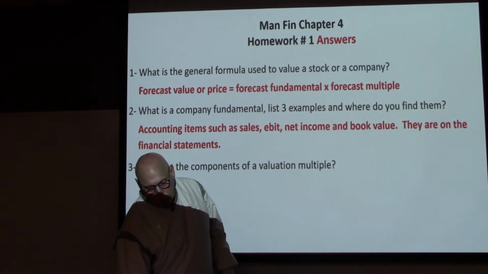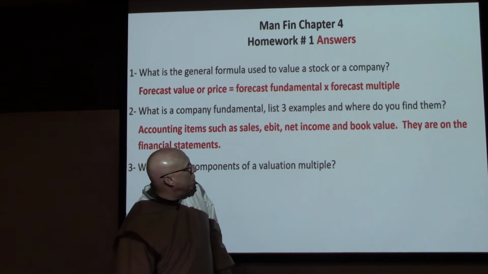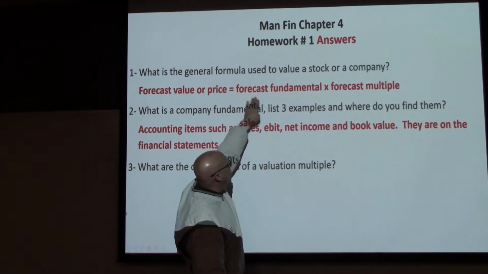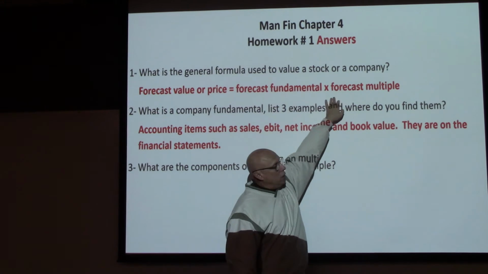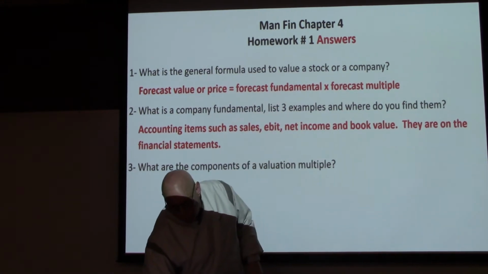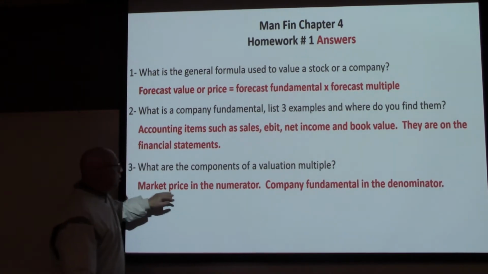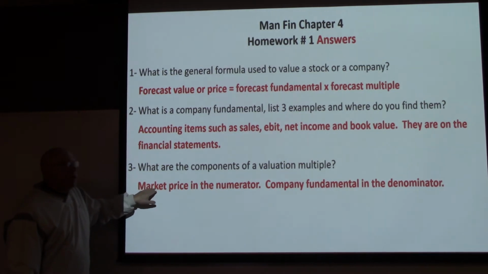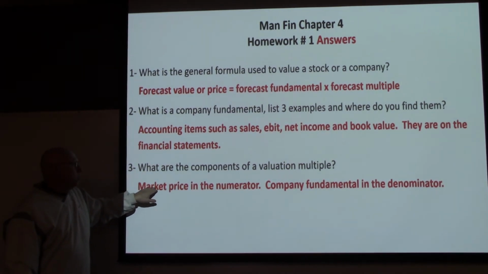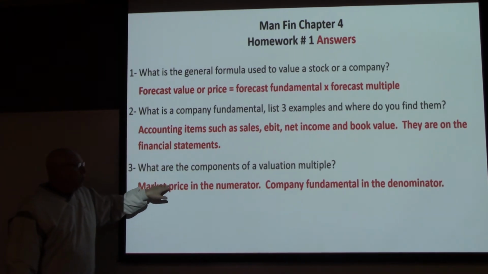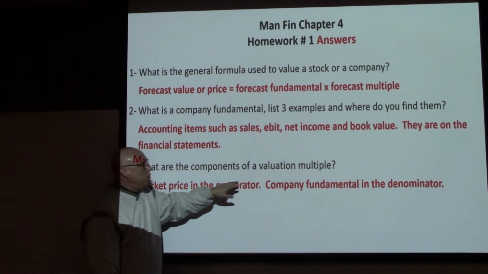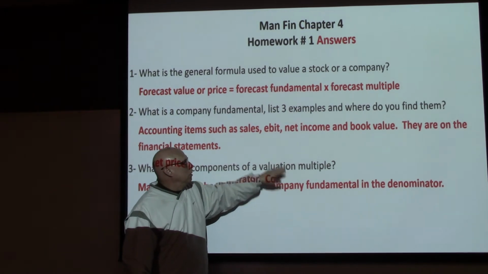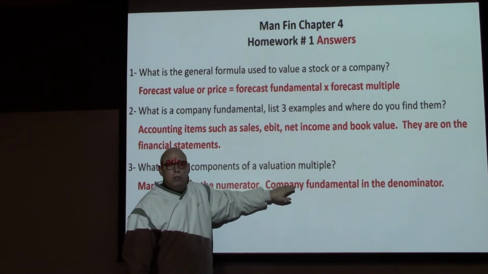What are the components of a valuation multiple? So we have the fundamental, and now we're going to look at multiple. To come up with a multiple, you put the market price for the company or for the stock, what someone is willing to pay, in the numerator, and you put the company fundamental, one of these items, in the denominator.